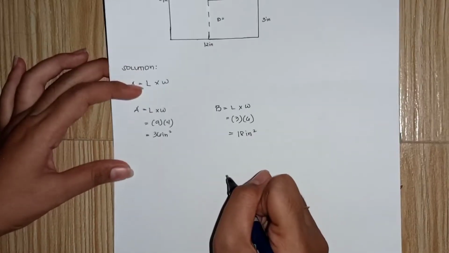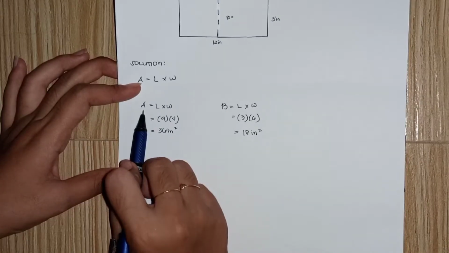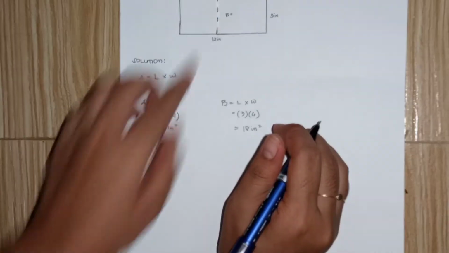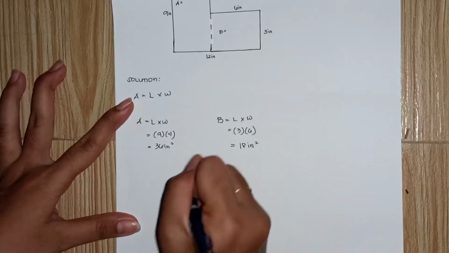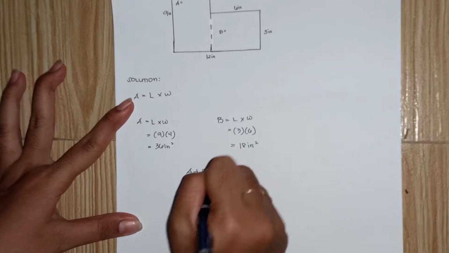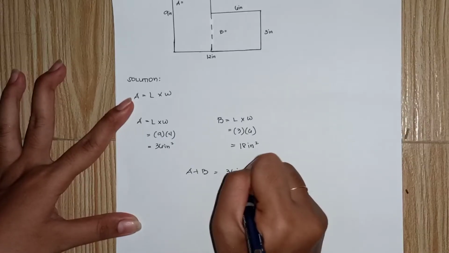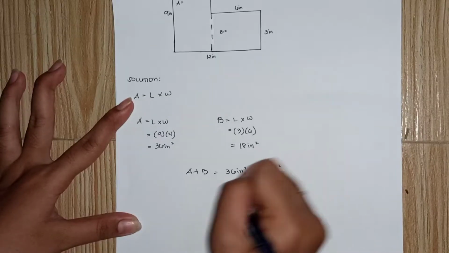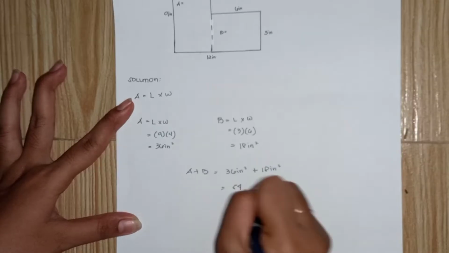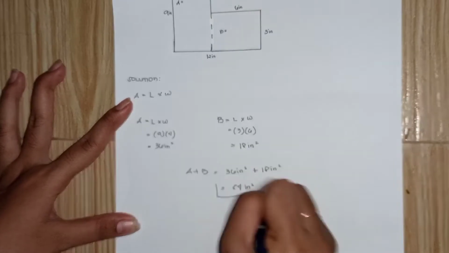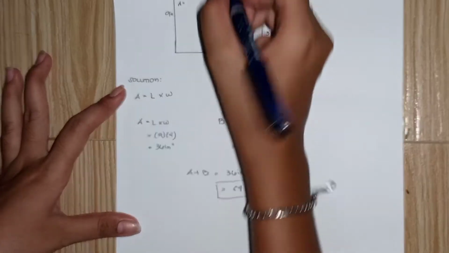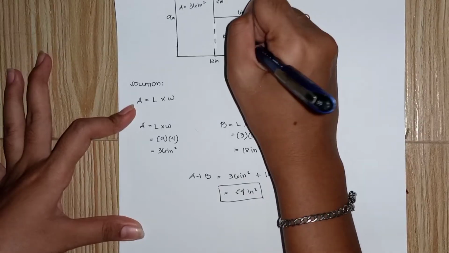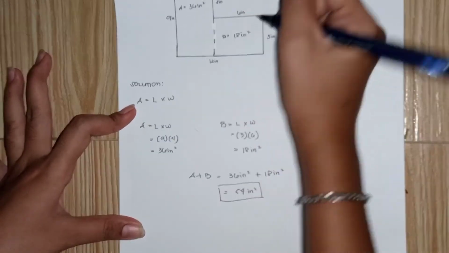And then we're going to combine the A and B to get the total area of this figure. So A plus B is equal to 36 inches squared plus 18 inches squared is equal to 54 inches squared. So letter A will be 36 inches squared, and for B is 18 inches squared.